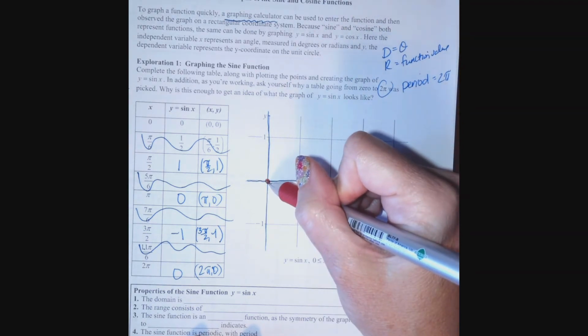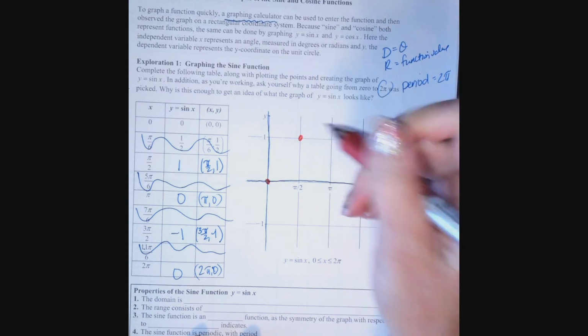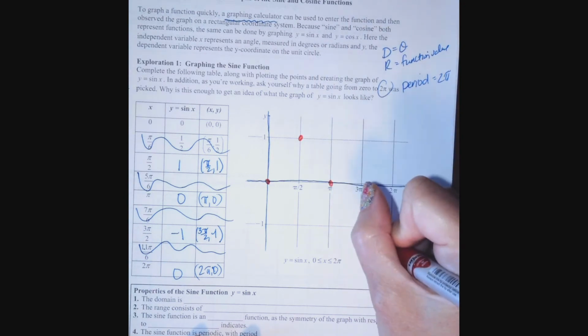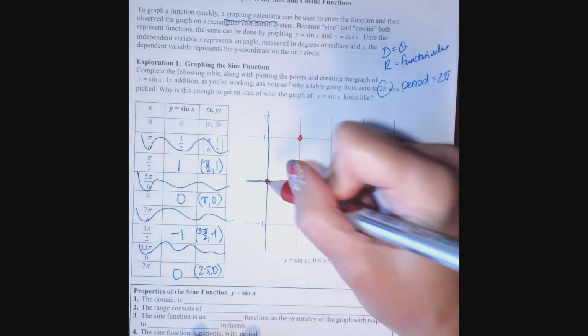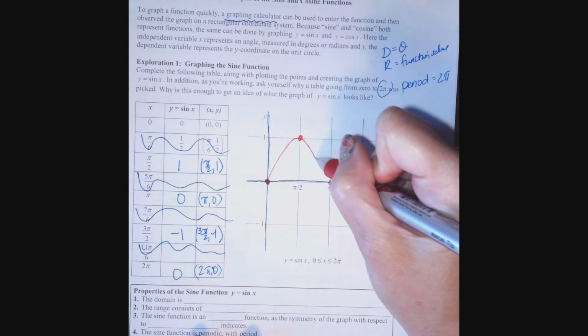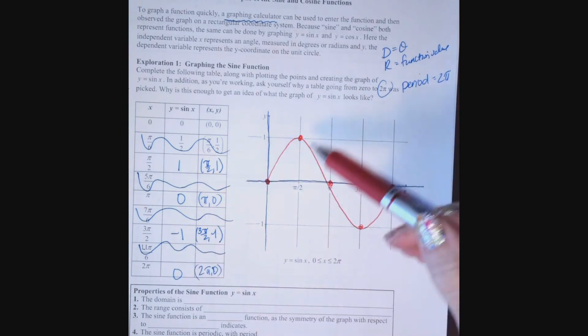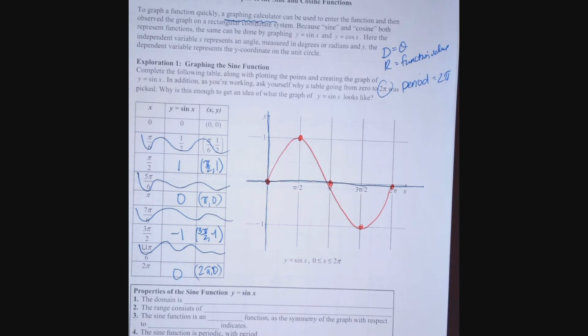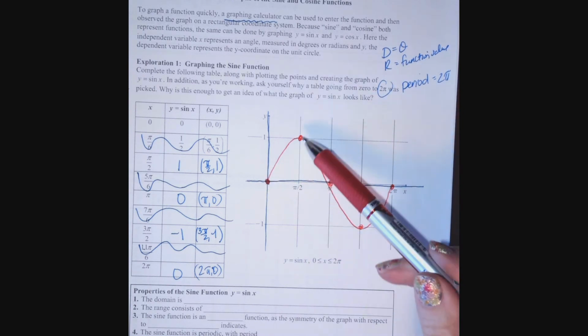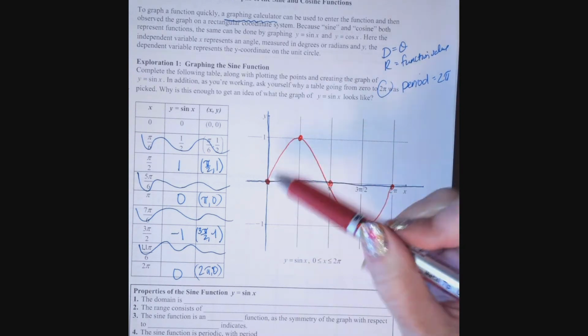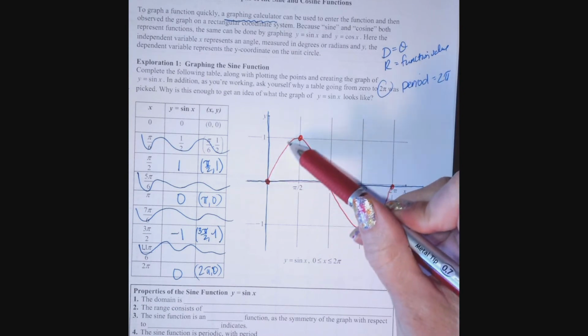Sine starts at center, it goes to its peak at 1, comes back to center, goes down to the trough, comes back to center, and that is one cycle, one period of the sine function. This sine function is going to continue forever to the left and to the right, modulating from center, peak, center, trough, center. Now it hits every point in between. It's a nice smooth curve.